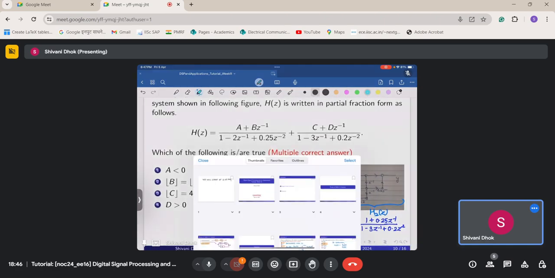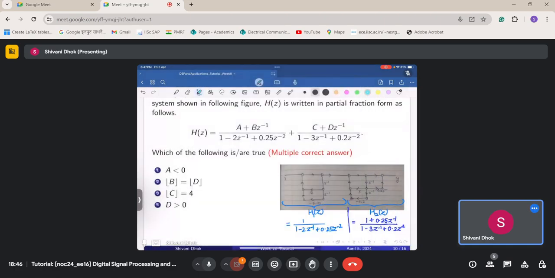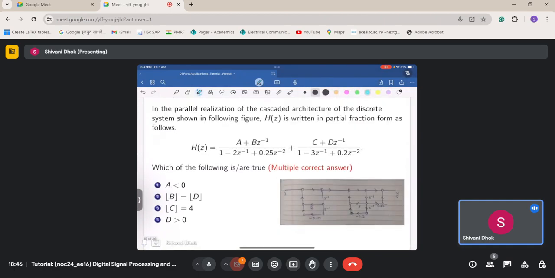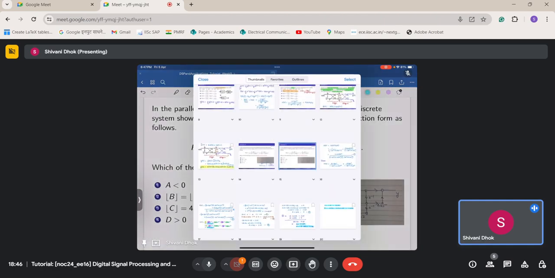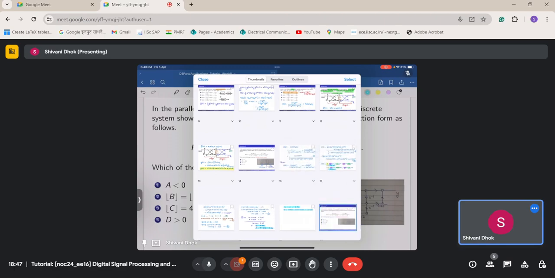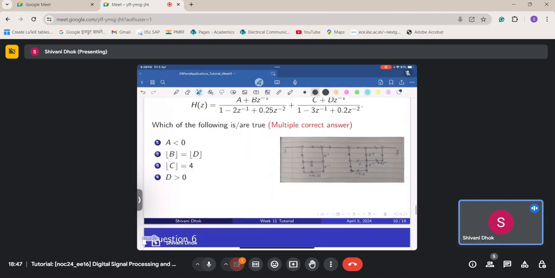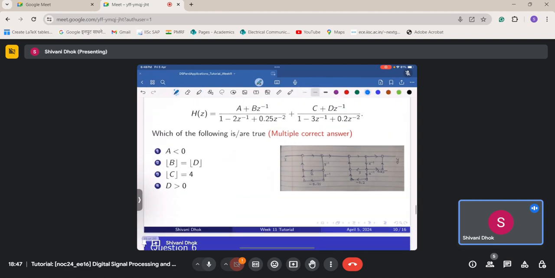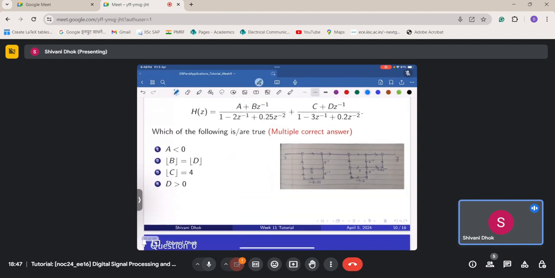So let me just take this page here. So this is what we are having. So let me just quickly write down the values of A, B, C and D, whatever we had obtained. So we had obtained A as minus 2.196.